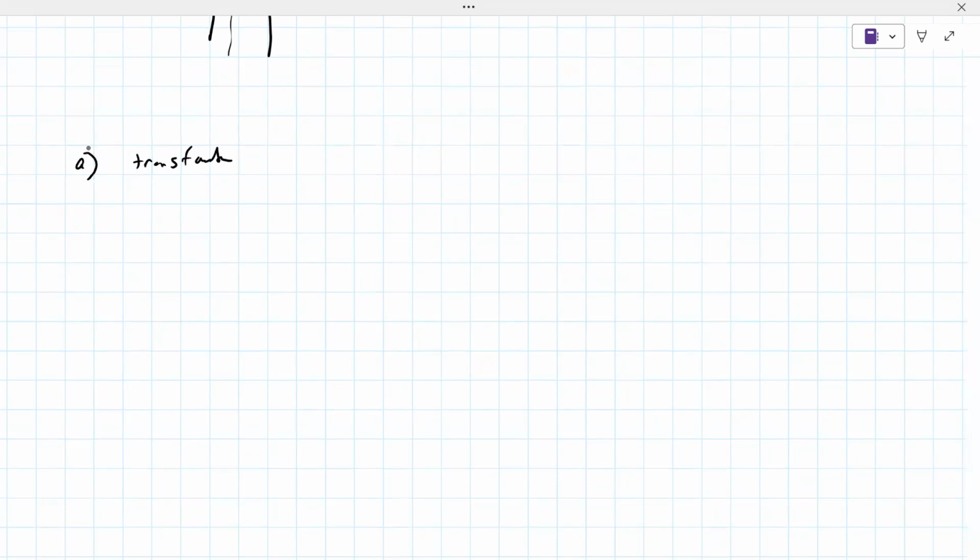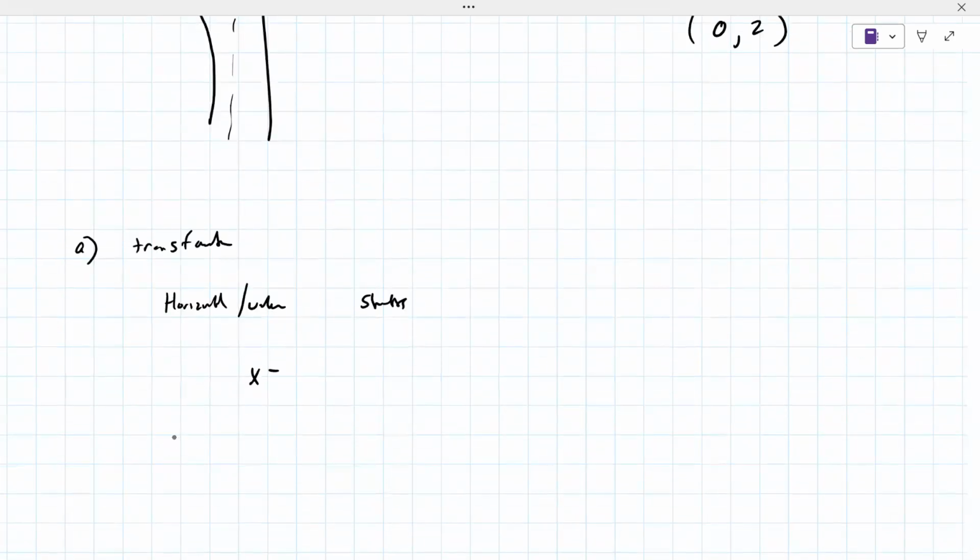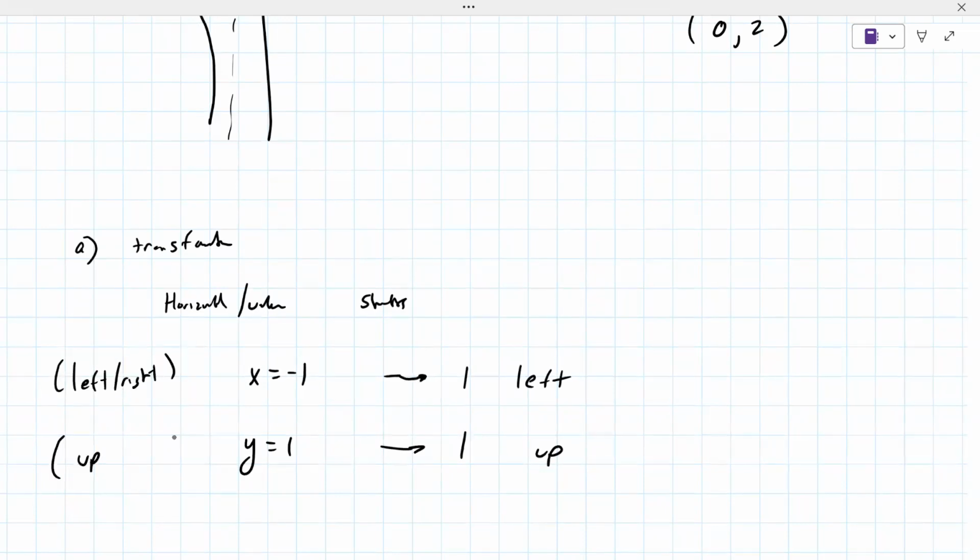So the transformations come from the horizontal and the vertical shifts. So you said x equals -1. Think of that as 1 left. Y equals 1. That's 1 up. So the x is left, right. The y is up, down. Okay.